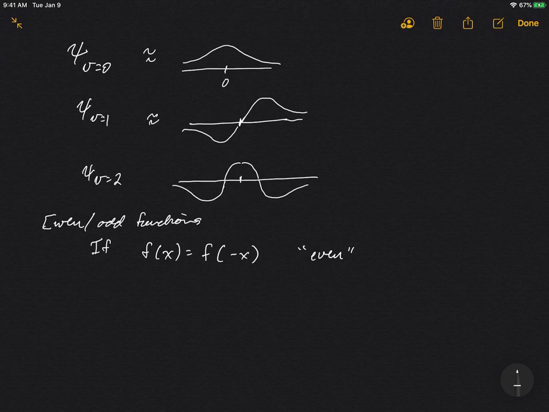And if f of x is equal to minus f of minus x, then we say it's an odd function. It has odd inversion symmetry.